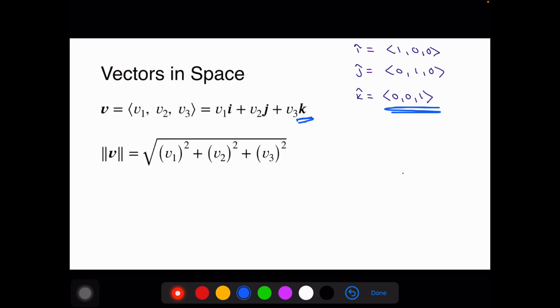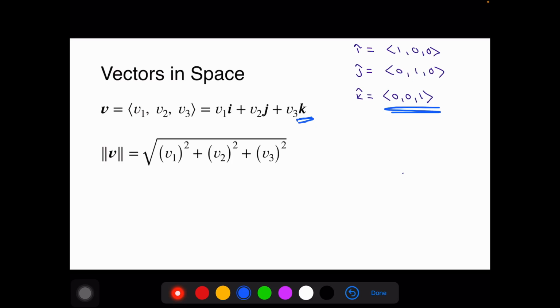The magnitude of the vector, if you remember from the last video, we were basically using our distance formula or a Pythagorean formula to find the magnitude of the vector. And so using my 3-dimensional distance formula, the magnitude of that vector is going to be the square root of the sum of the squares of the components.